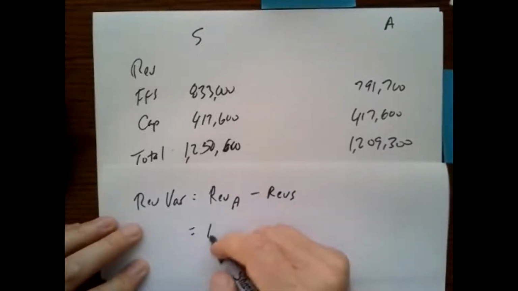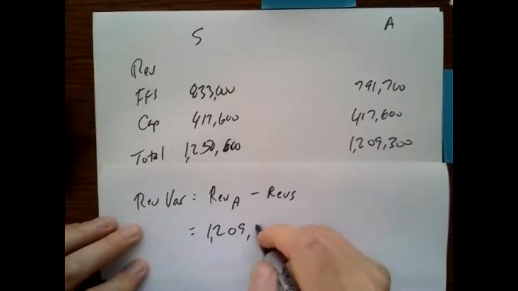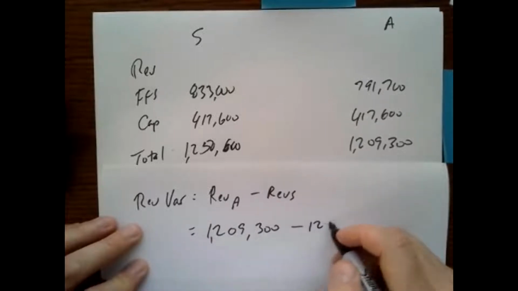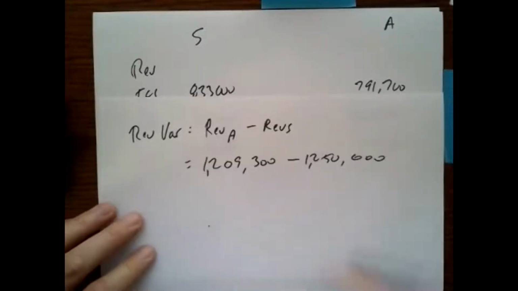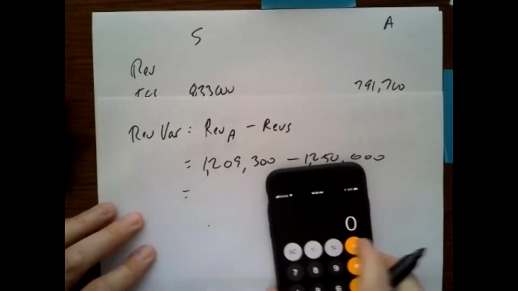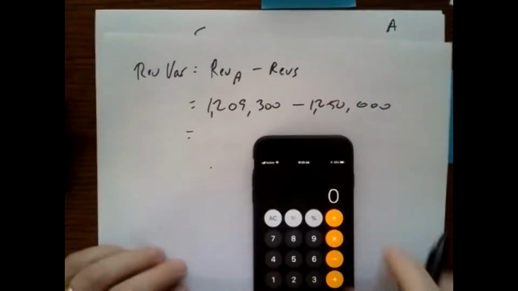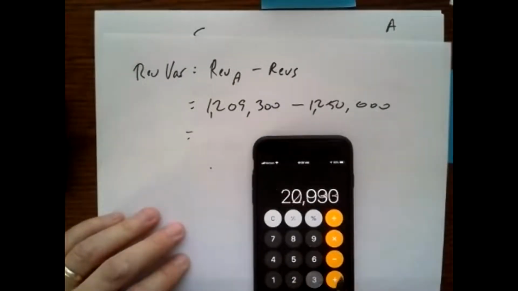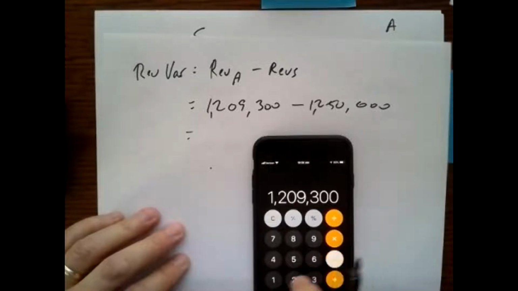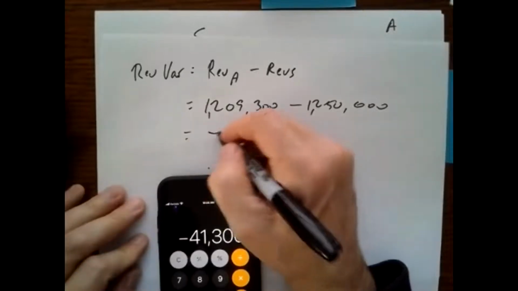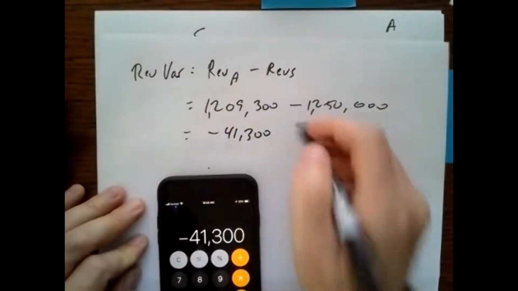Revenue actual is 1,209,300 minus 1,250,600, which gives us minus 41,300.